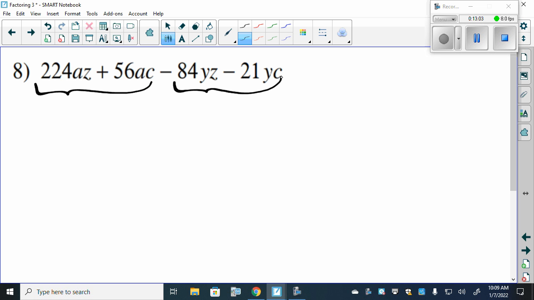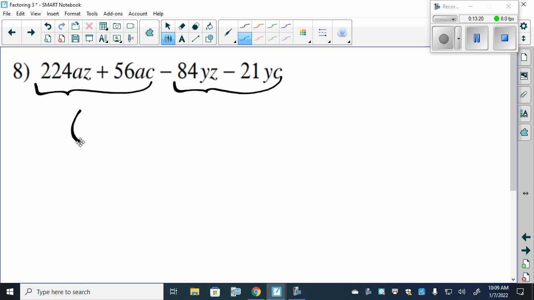So let's look at the first two first. If we're looking at these two here, what number and variable can we pull out? Well, the variable might be easier to see.